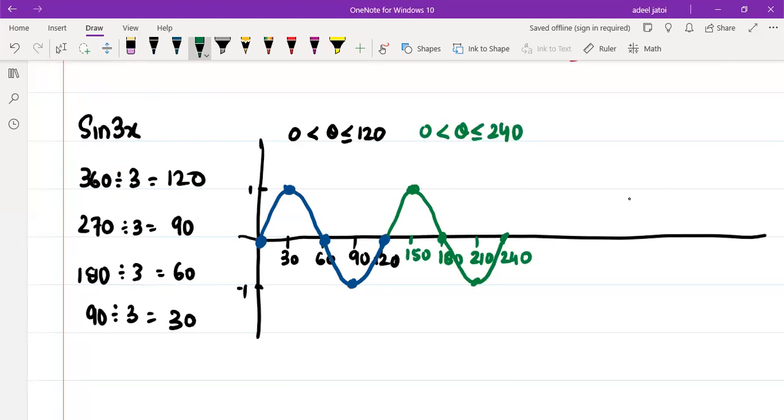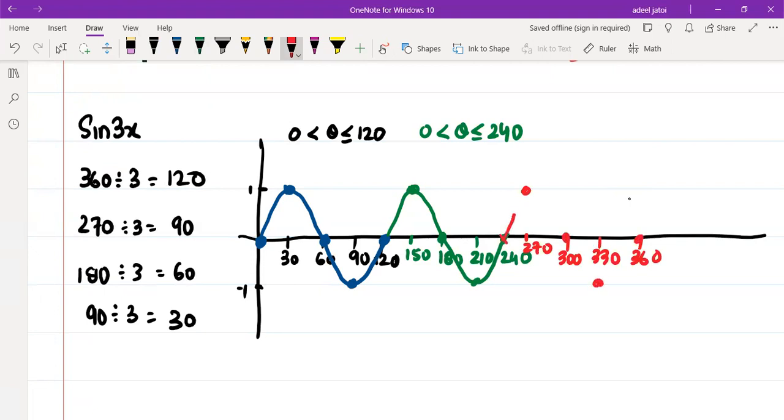If the question would have asked from 240, that means now you will have to create how many cycles? 2 cycles. From blue to what? Green. If the question would have asked me, this is 270, 300, 330 and maximum 0, minimum 0.